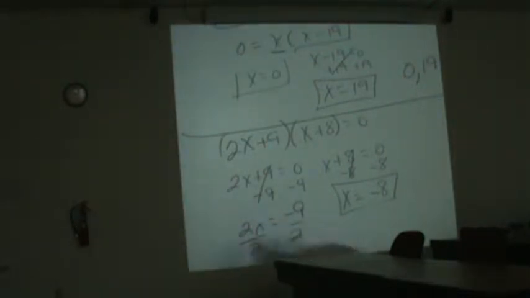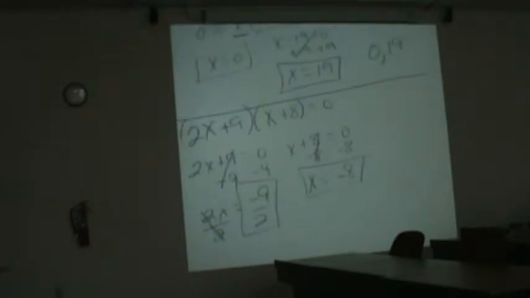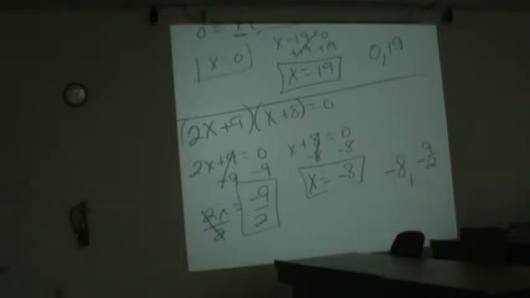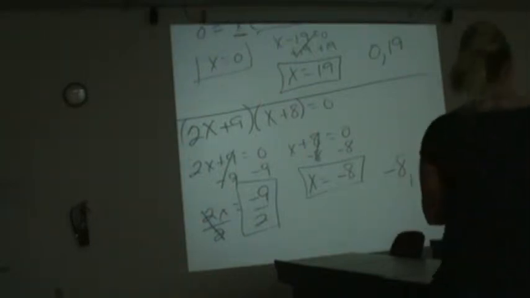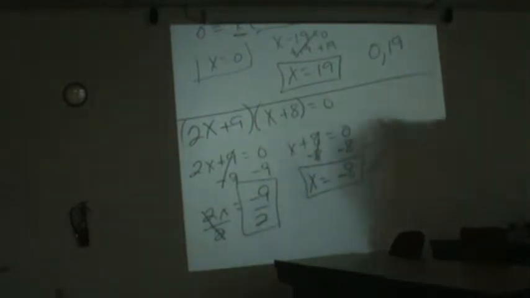So x equals negative 9/2 and negative 8. So in your answer column, you put both answers. It doesn't matter which order. And it leaves them improper, so don't worry about turning this into like 4.5. You can leave these answers all improper. Okay?